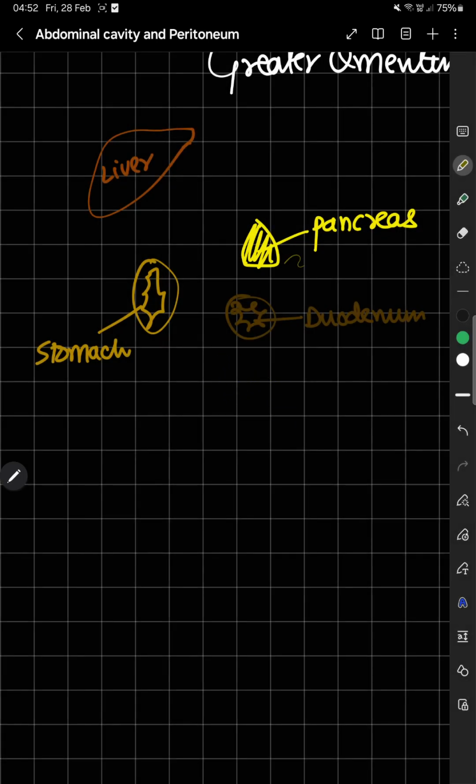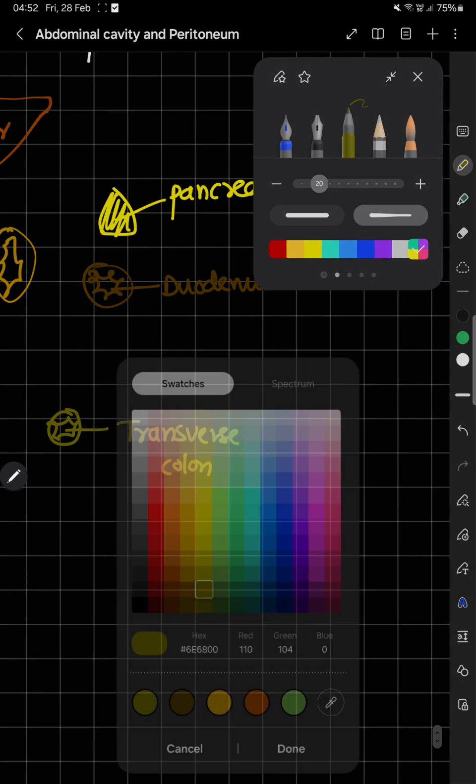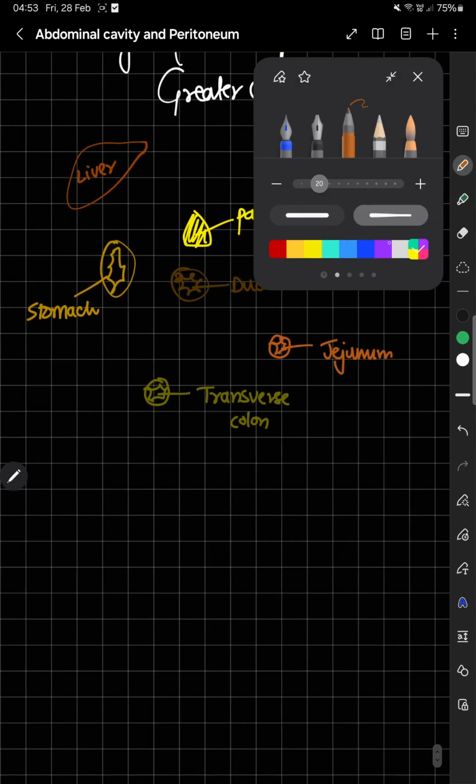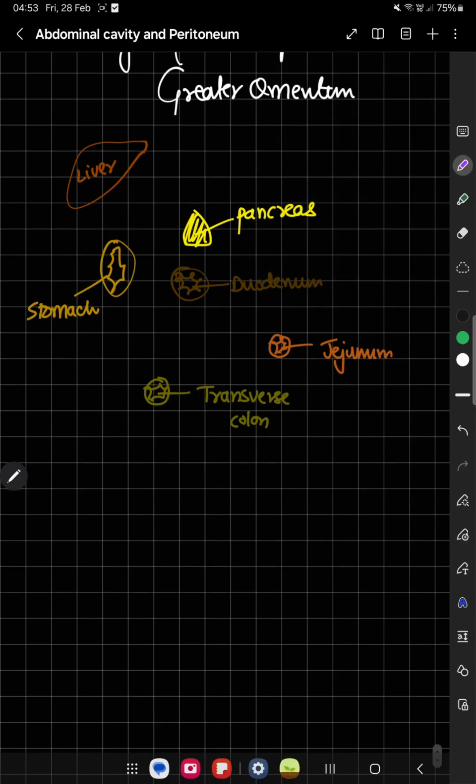Basically over here it would come, and somewhere over here we would have our transverse colon, and then we have our jejunum. Okay, so we'll be drawing all the viscera right now in a very good color.